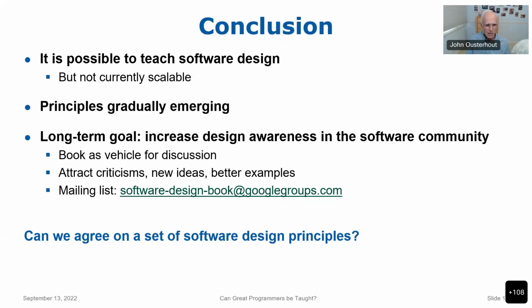But I think a really interesting question in all this is, as a community, can we agree on a set of software design principles? Is there one set of principles, the right way to do software design? When I started on all this, I wasn't sure. It seemed possible to me that there might be two really great software designers who took totally different approaches, and yet they both produced great software.